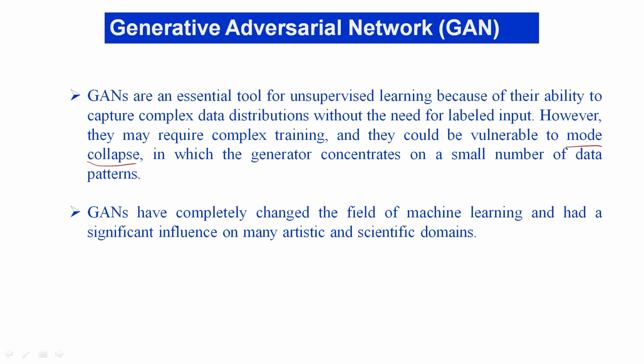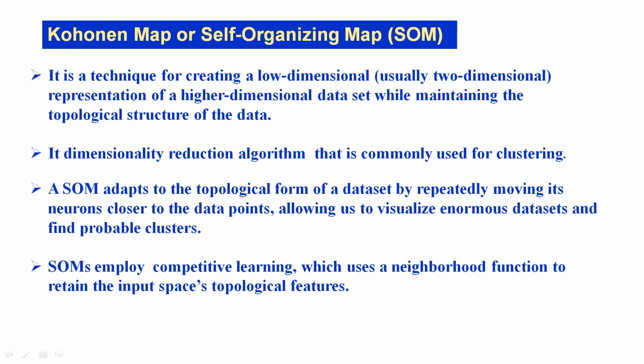It can completely change the field of machine learning and has significant influence on artistic and scientific domains. And I am telling you, it has significant influence on material science, machine learning or deep learning, where your available data are very small, then only you can generate this kind of data.